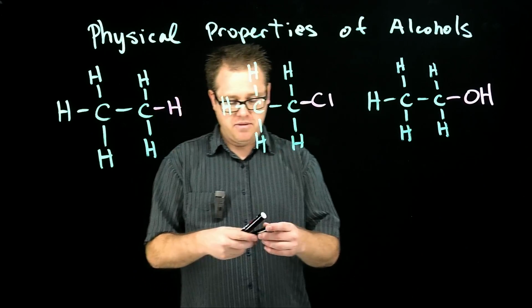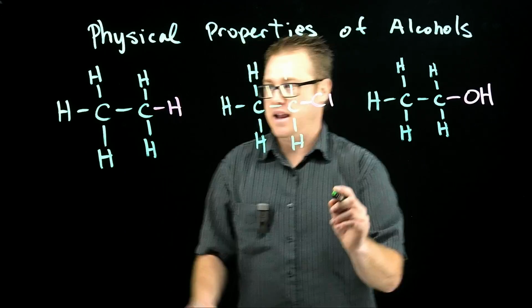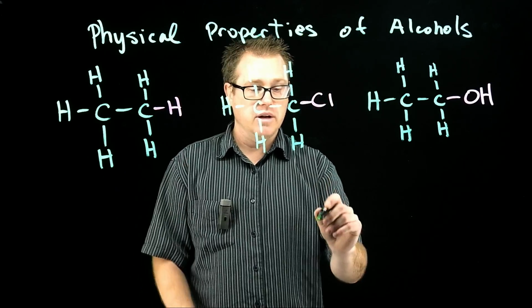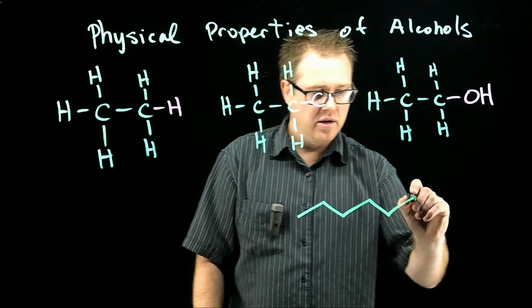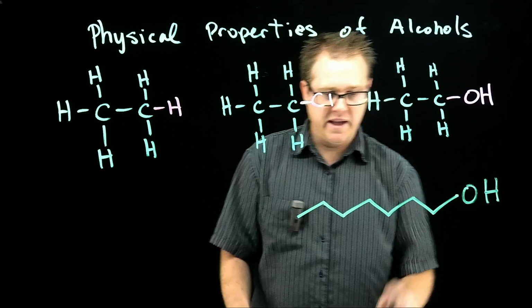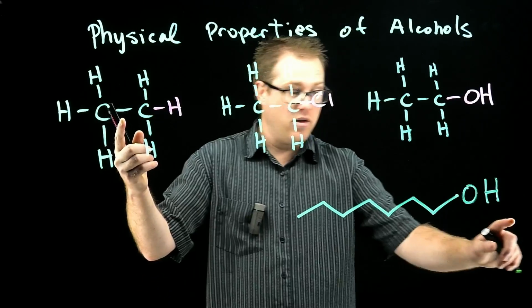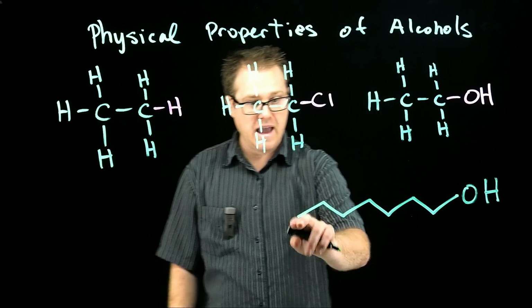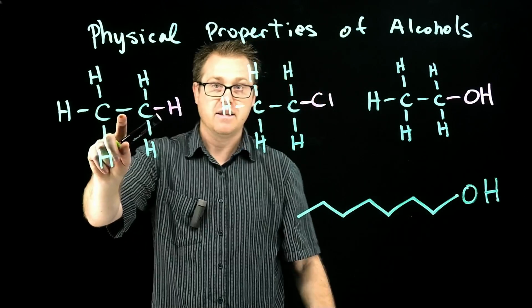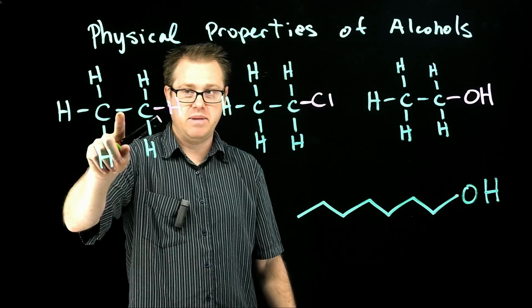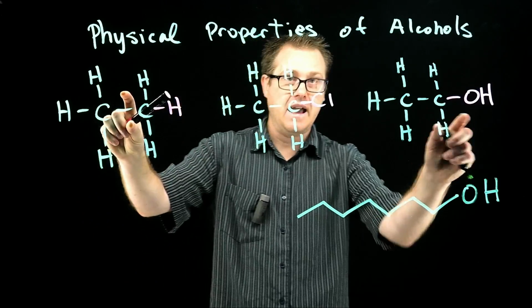So let's say it would not be a good idea to make a comparison of ethane to this alcohol down here because it has so many more carbons than ethane. A better comparison would be ethane to ethanol.